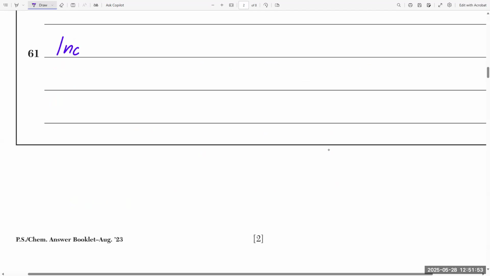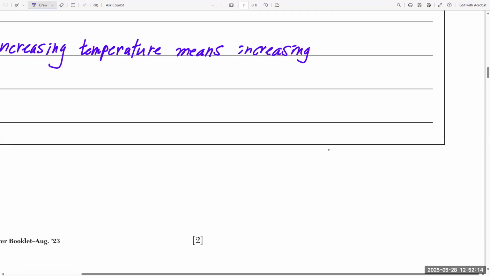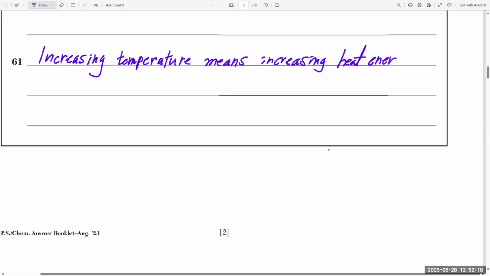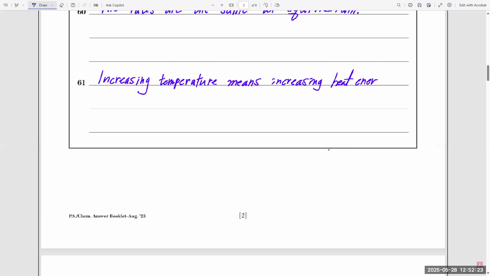Increasing temperature means increasing heat energy. Hello. Oh, computer's freaking out. Come on, let's write. Okay.